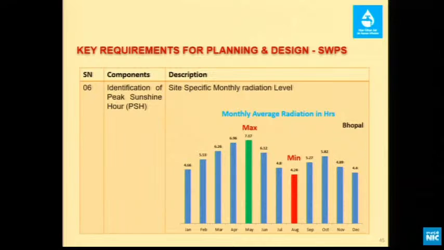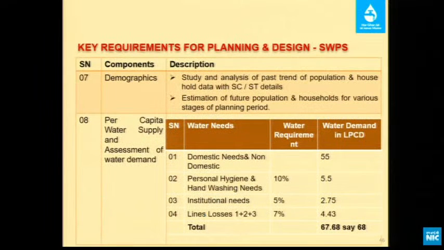This is the monthly radiation. In a drinking water system, I have to adopt the minimum solar radiation, because I have to supply water 365 days, so planning and design are at the minimum level.